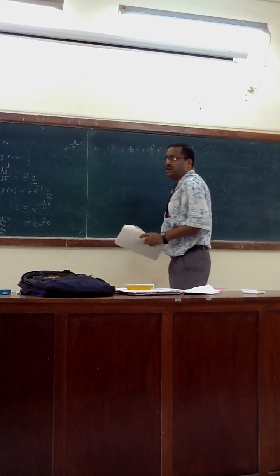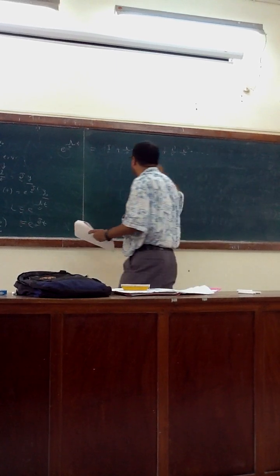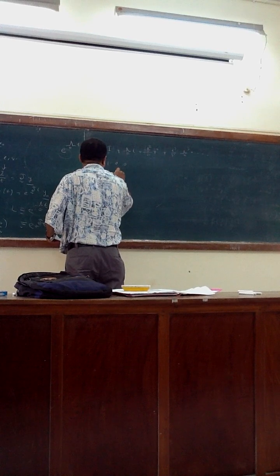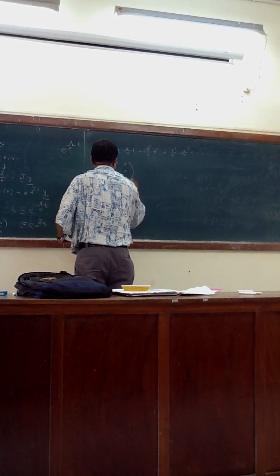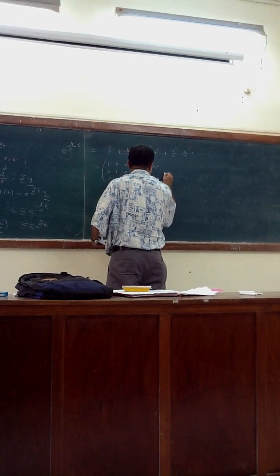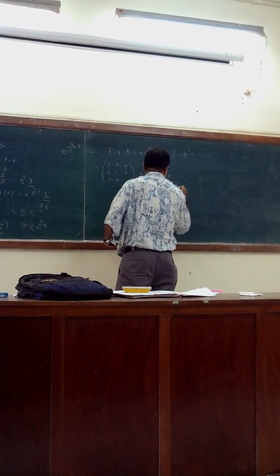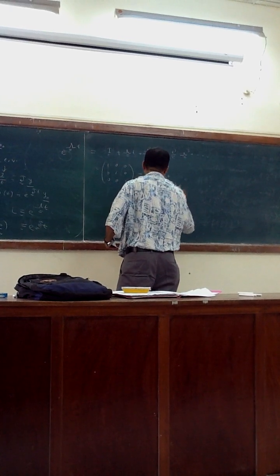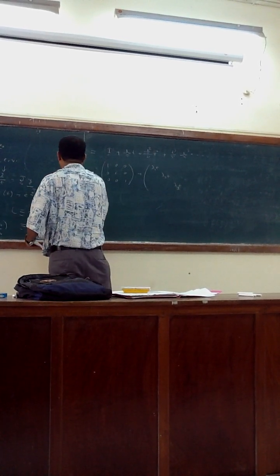Lambda square, lambda cube I have already shown. Okay. So what actually happens? This is 1 0 0, 0 1 0, 0 0 1. This is lambda 1 t, lambda 2 t, lambda 3 t. I am just saying 3 by 3 matrix.